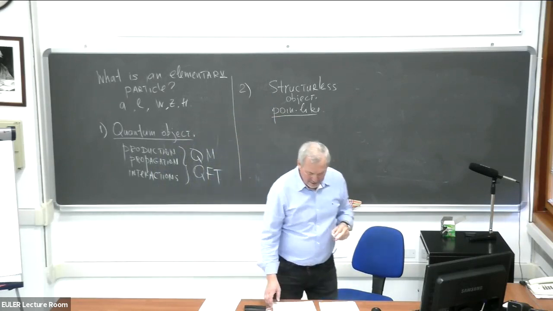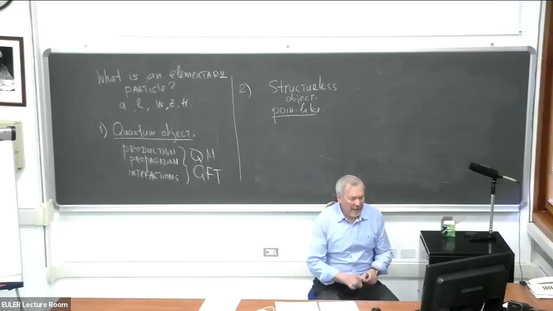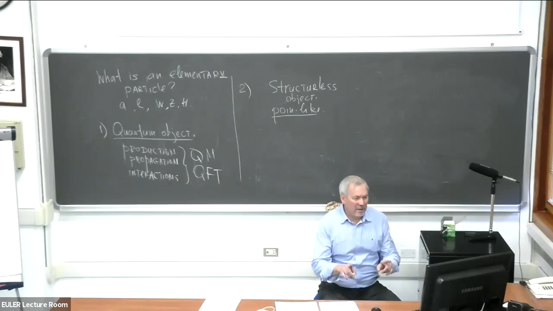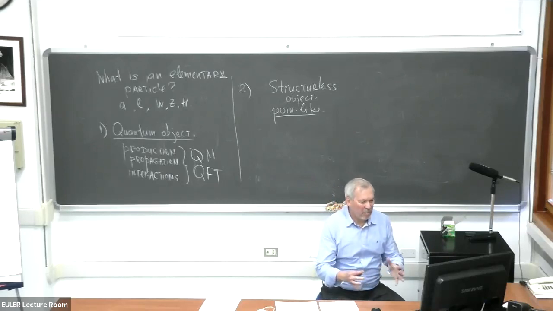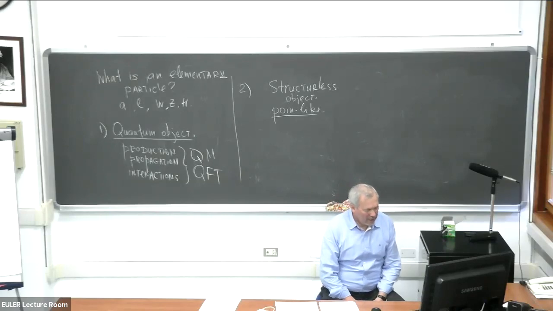If someone has an idea? We can try to break it down into smaller objects. If it didn't happen, then for now it is elementary. If it did happen, then it's not. So you are saying we can try to split it and see if some components will appear, right? Yes, exactly. Okay.